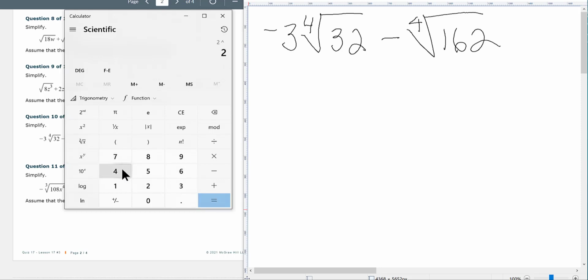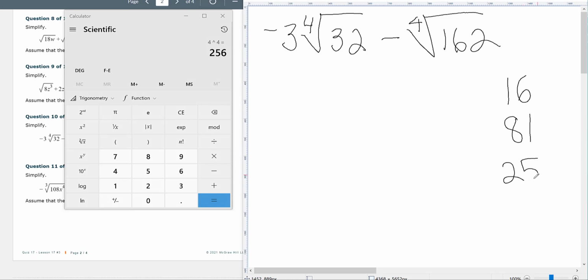2 to the 4th power is 16. 3 to the 4th power is 81. 4 to the 4th power is 256.